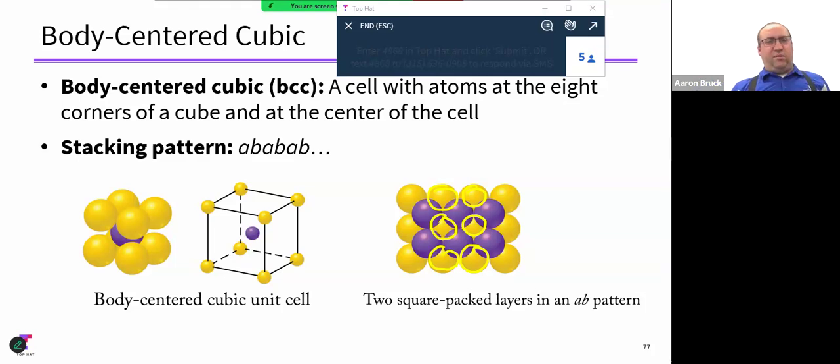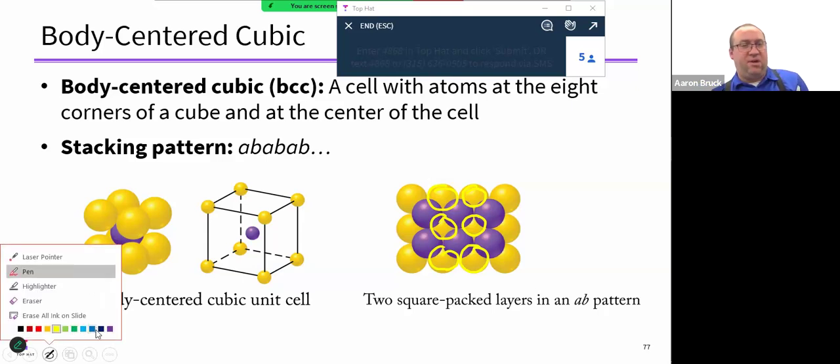So this is body-centered cubic. And so from a stacking pattern, from a counting pattern, we see a lot of similarities to the simple cubic, but with this extra piece here in the middle.